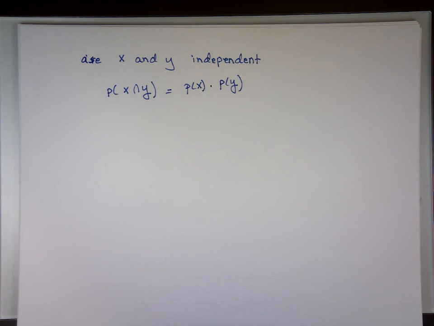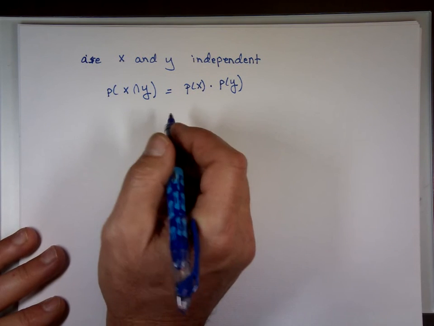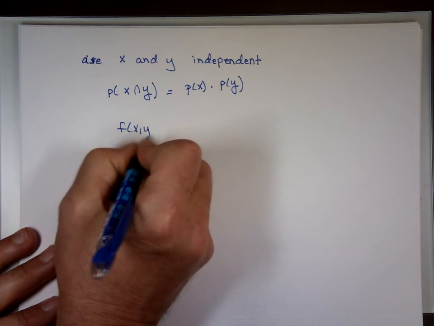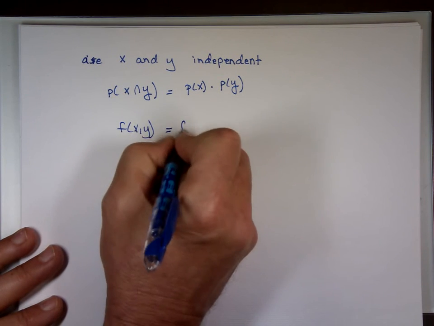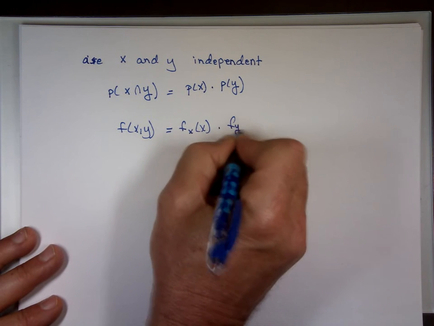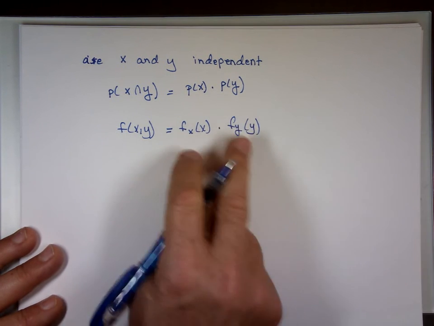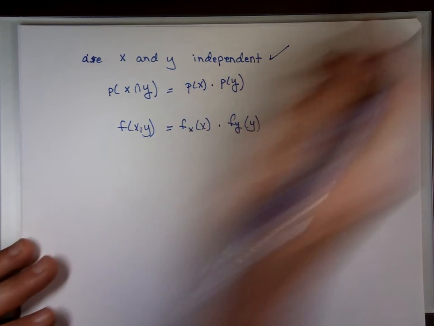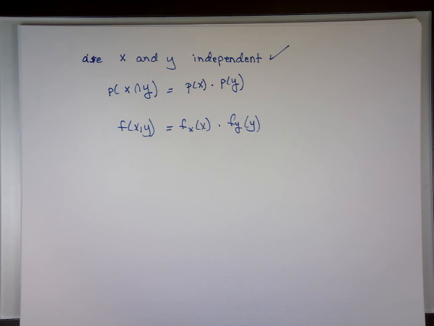For them to be independent, that means f of x comma y is equal to f of x times f of y. If you multiply these two, you end up with that function, then they are independent. That's how you validate or test if the events are independent or not.